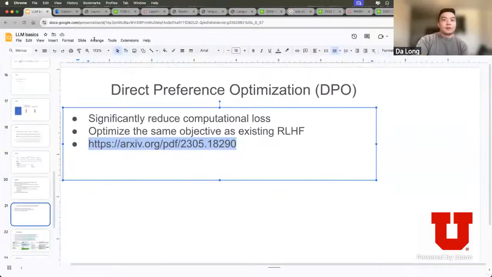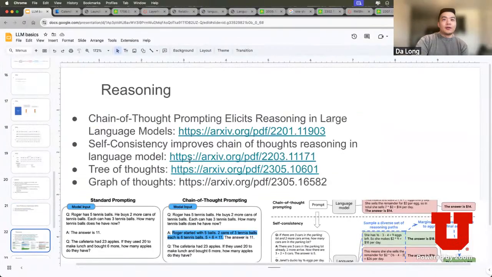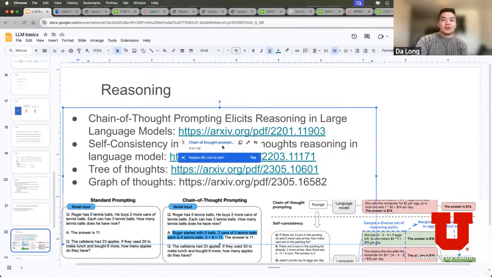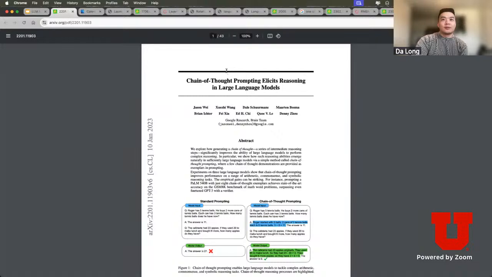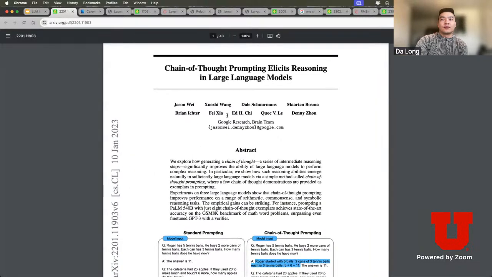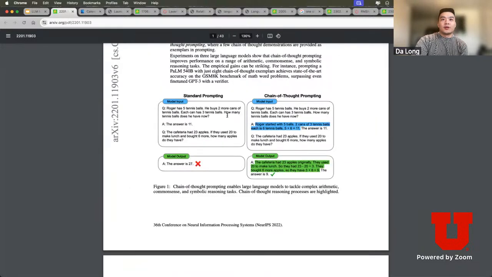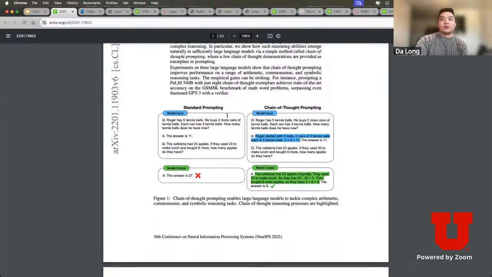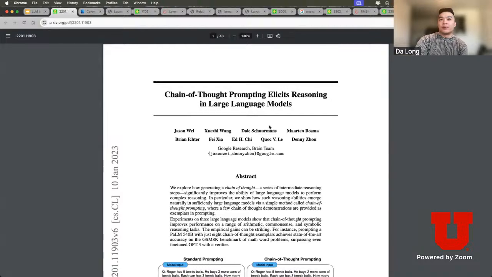Okay. And then reasoning. I think most of the existing work on reasoning is just based on prompts. So in this paper, they want to get the chain of thought by prompting only.